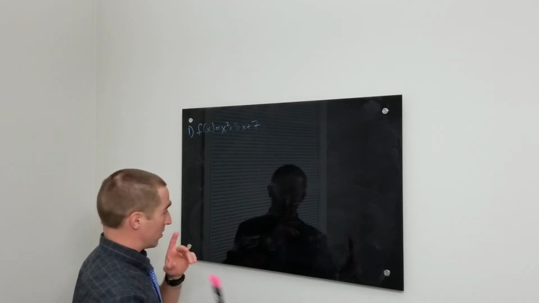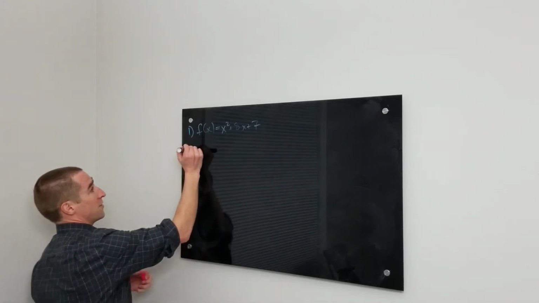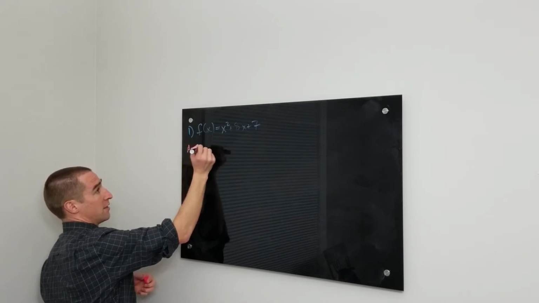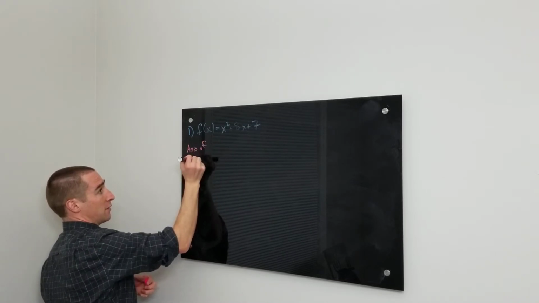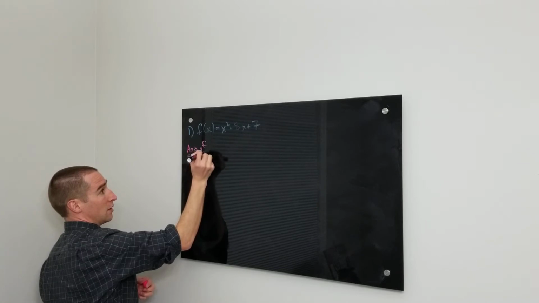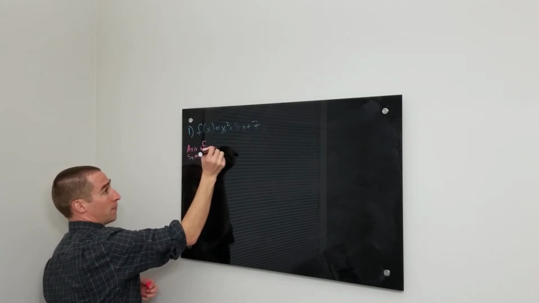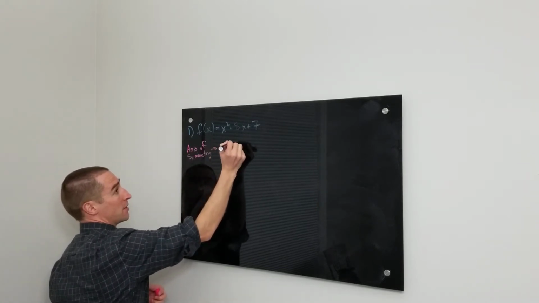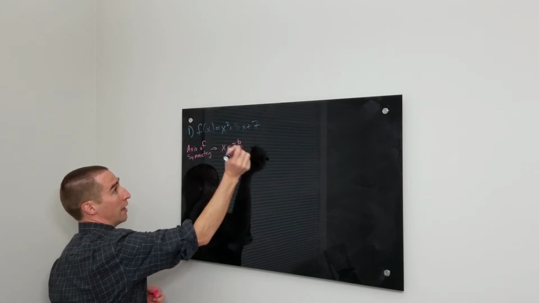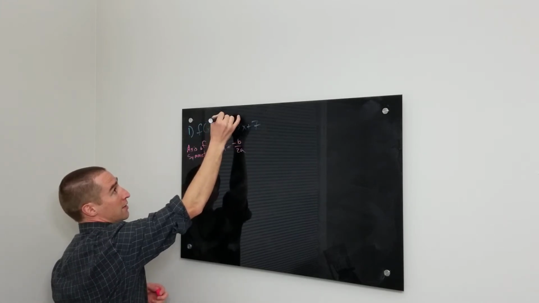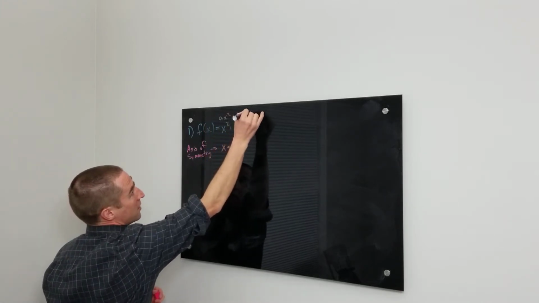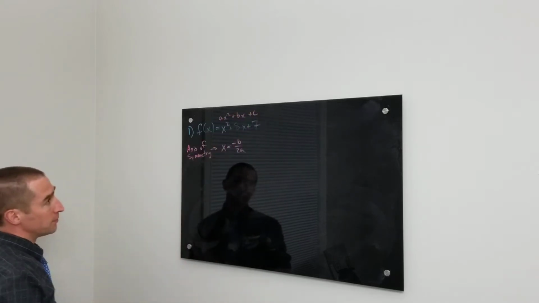We're going to start with the axis of symmetry. So axis of symmetry, and this is at x equals negative b over 2a. So here we have ax squared plus bx plus c.